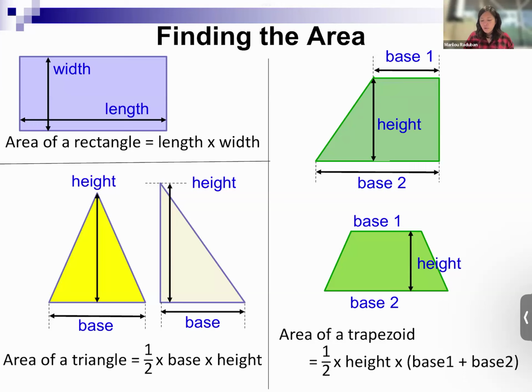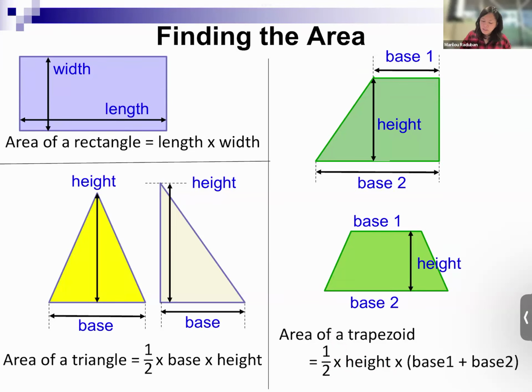But if you know the equation for the area of a trapezoid, that sometimes simplifies the calculation, because you just need to calculate the area of a trapezoid instead of a triangle and a rectangle. So the equation for the area of a trapezoid is given here: 1/2 height, base 1 plus base 2.